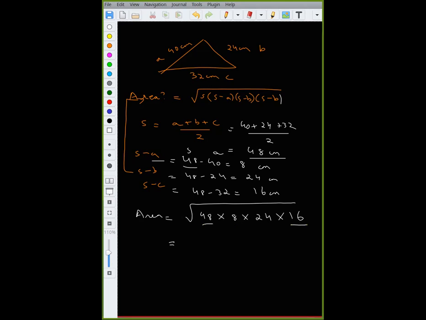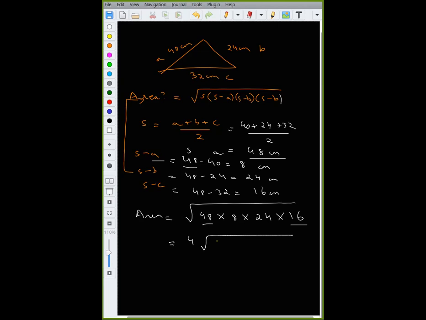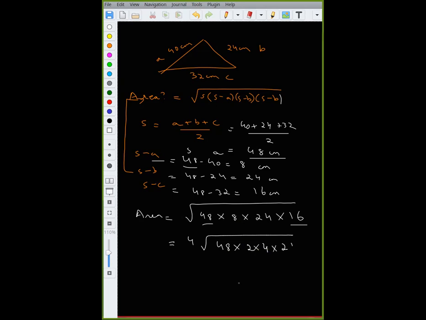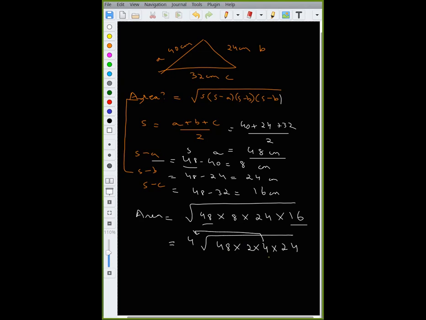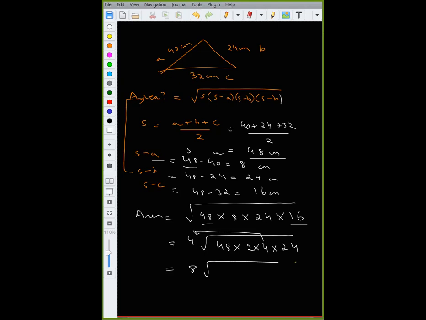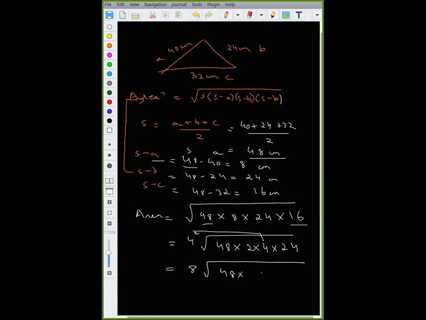We already know 16 is a perfect square, so I can write this as 4 outside into root of 48 into 8. I can write 8 as 2 into 4, into 24. Now 4 again I can take outside. Root of 4 is 2, so 4 into 2 will become 8. We're left with 48 into 2 into 24.